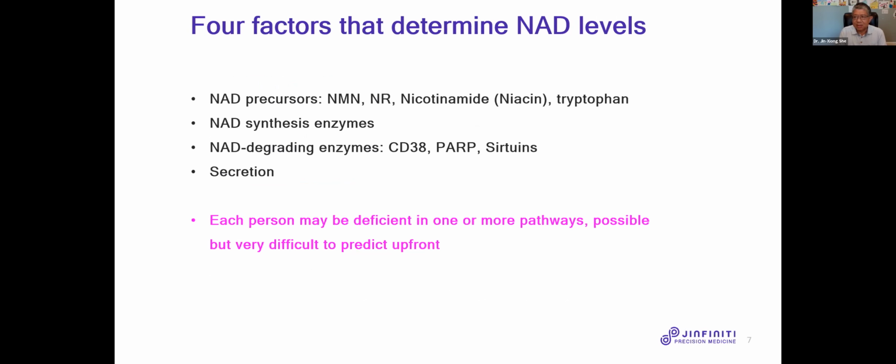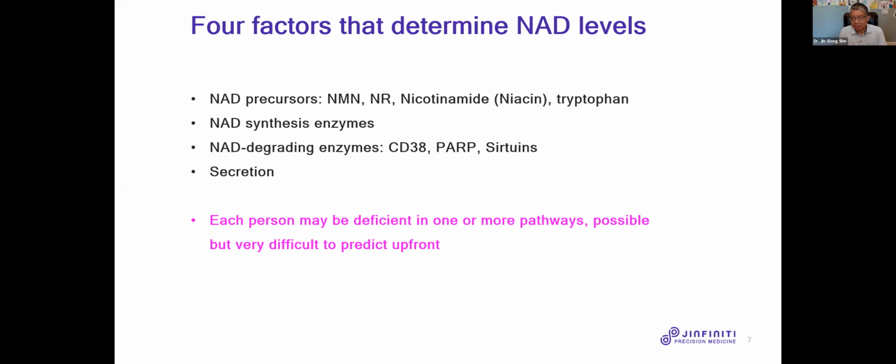The most famous ones are listed here. These are NMN, NR, or nicotinamide, and NAD can be de novo synthesized from the amino acid tryptophan. So when we don't have enough building blocks, we certainly are not able to make sufficient NAD.